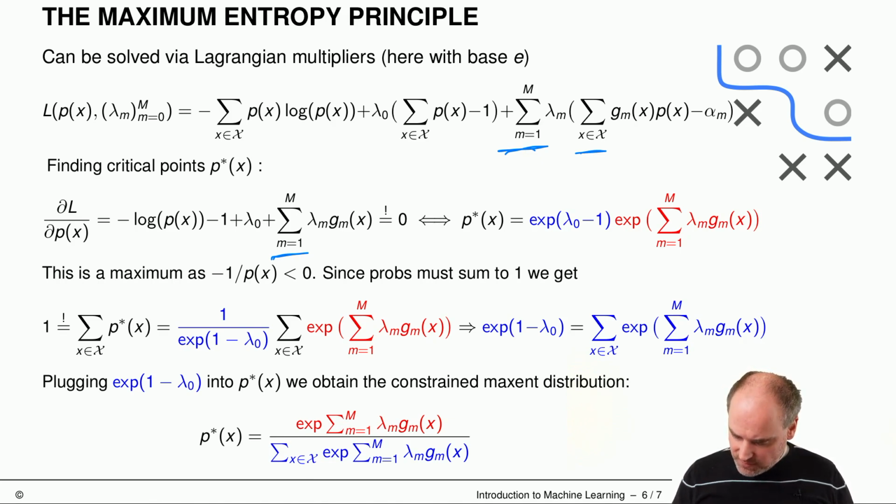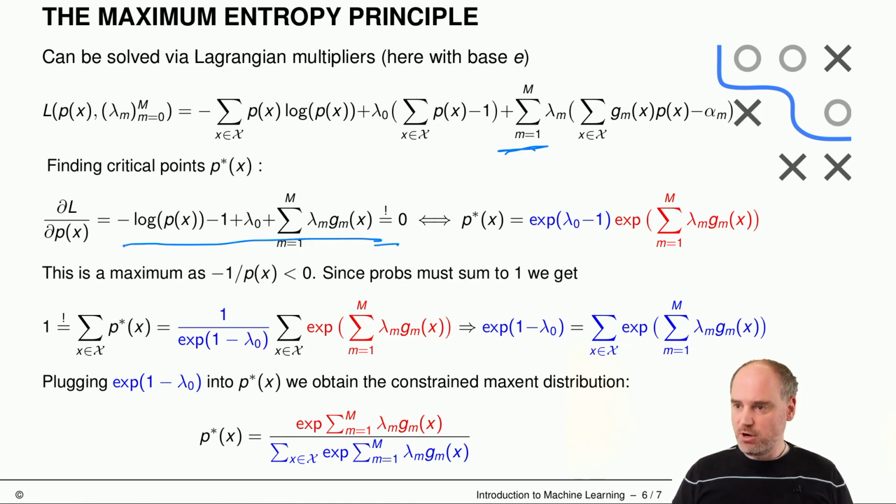Then we have simply lambda m times g_m of x with the x that we are differentiating with respect to, and the p of x becomes a 1. The alpha here vanishes because it doesn't have a p of x in there. So that's fine. We have now found the formula for our partial derivative.